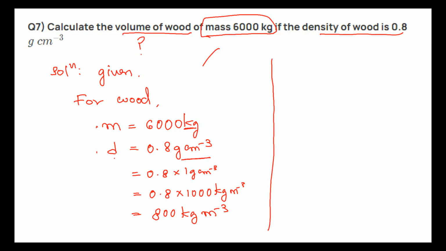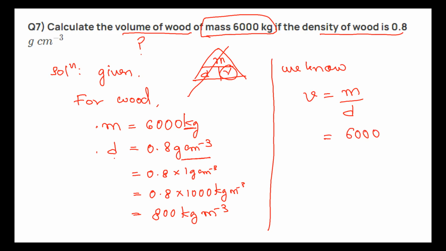If you forgot the formula, again write it in a systematic way. Density is mass by volume, so volume will become mass by density. Right? We know volume is equal to mass by density. Just put the value of mass, 600 by density, 800. 60 by 80, how much?